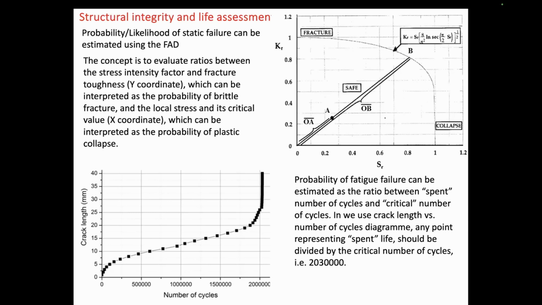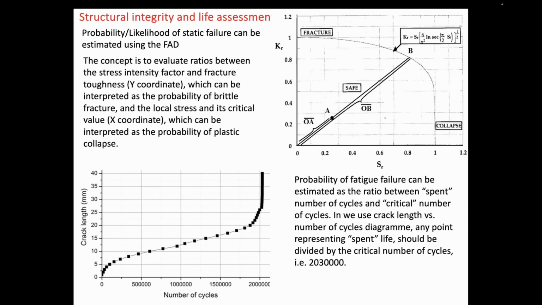So very simple reasoning. If stress is 0, then likelihood is 0. If stress is such that we are at the limit line, then likelihood is 1. And since this is linear elastic analysis, everything in between is just the ratio.